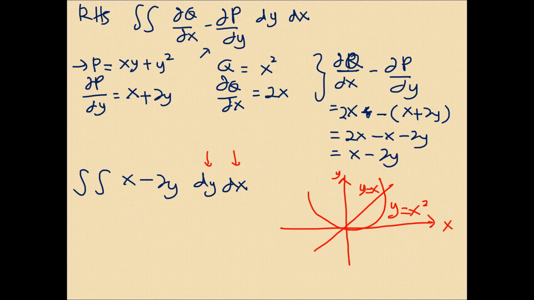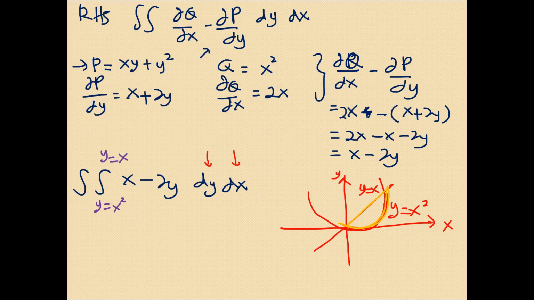You can see obviously that y equal to x squared is the lower curve, below y equal to x. So y equal to x squared will be the lower limit, and the upper limit is y equal to x.